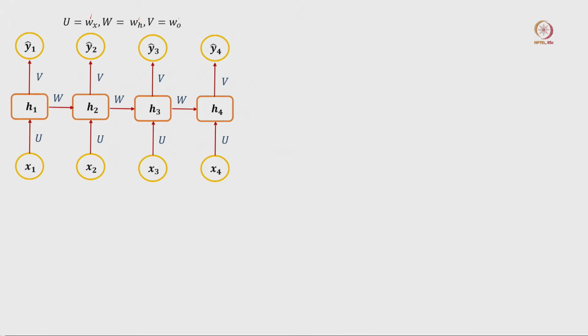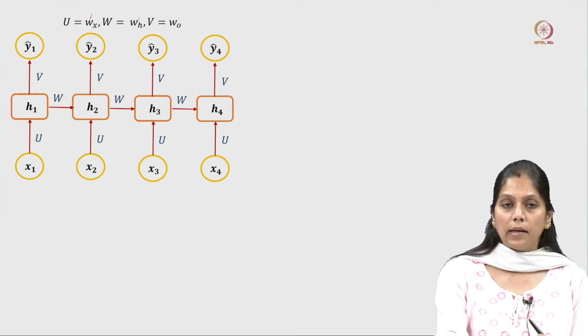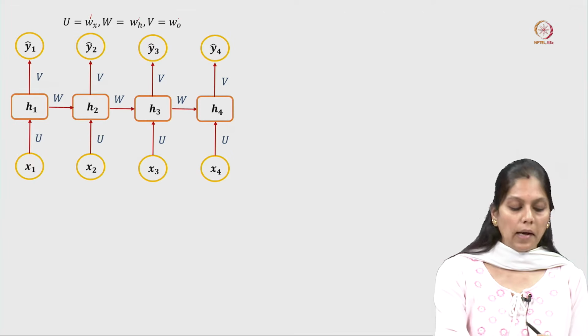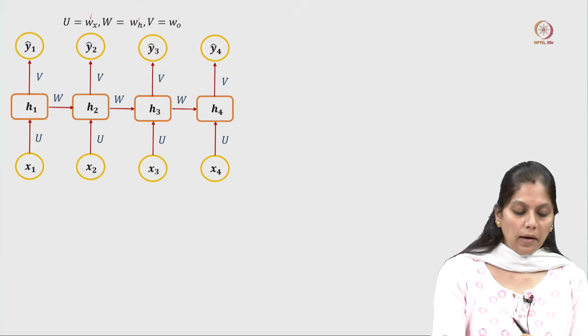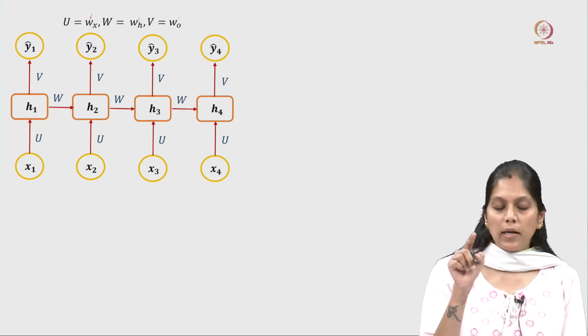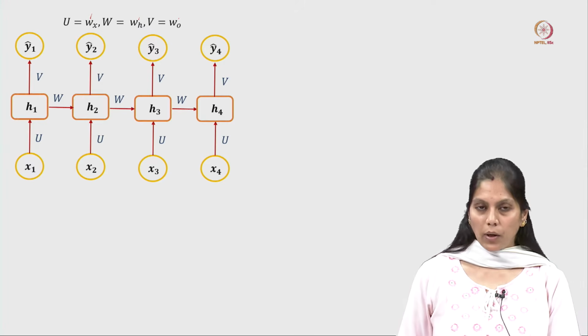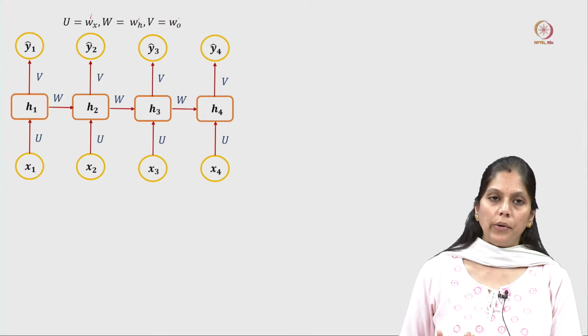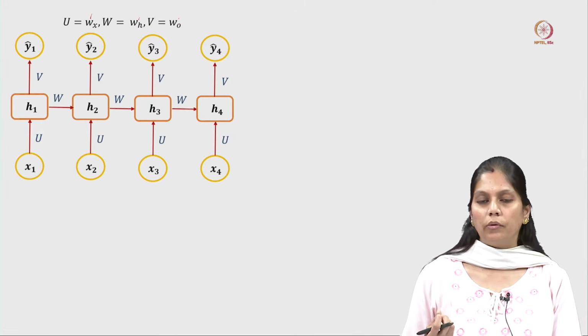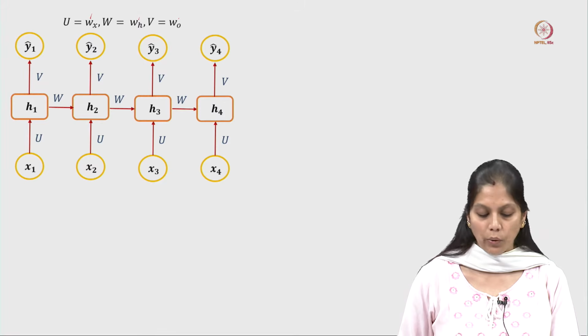Now those weights I am changing back to U, V and W. So we have written here Wx, that is input weight, is taken as U, the recurrent weight is taken as W, and the output weight is taken as V. And why are we doing this change? Just for convenience's sake.